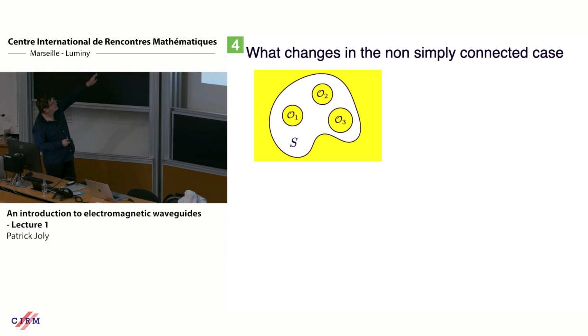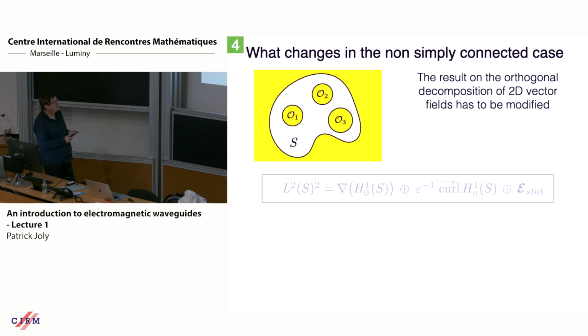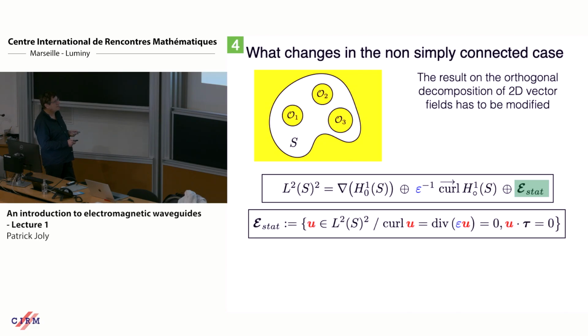So there are some holes, and what changes is that the decomposition of the 2D vector field has to be modified. In the decomposition of the vector field, you see that a new guy appears, called the space of electrostatic fields, which are both curl free and divergence epsilon free, while satisfying the boundary condition. In the simply connected case, this space is 0.